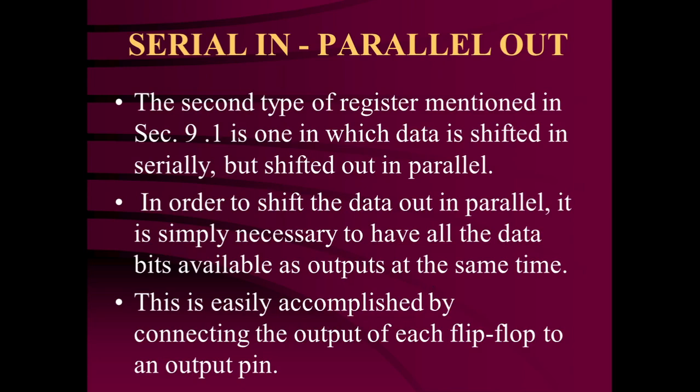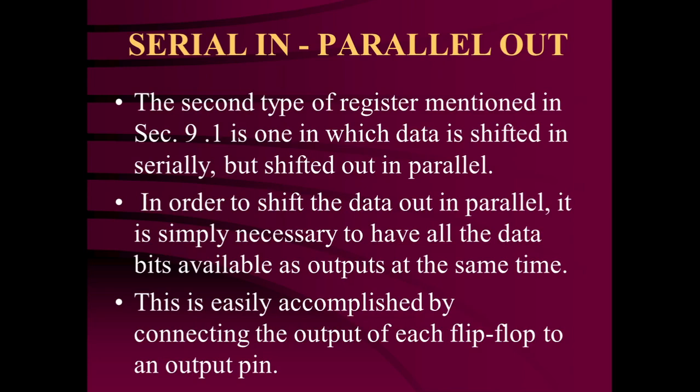But because it is a parallel output, there will be more than one output. For a shift register of n bits, there will be n outputs. If it is a 4-bit shift register, 4 outputs will be there. If it is an 8-bit shift register, 8 outputs will be available.